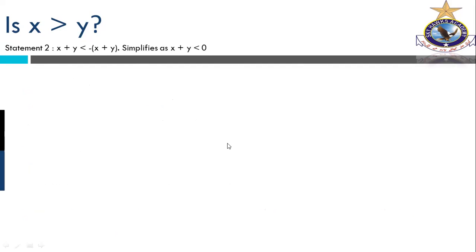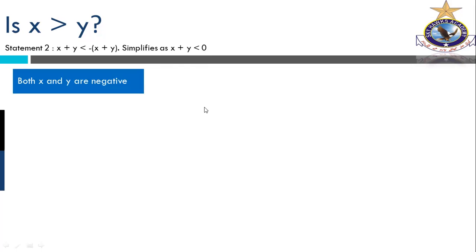So let's see. Once again, the question is that x is greater than y. Statement 2: the sum is less than the negative sum, which simplifies to the sum is negative. So both x and y are negative. We are considering the first possibility, set 1.